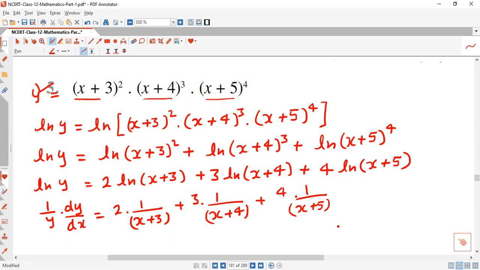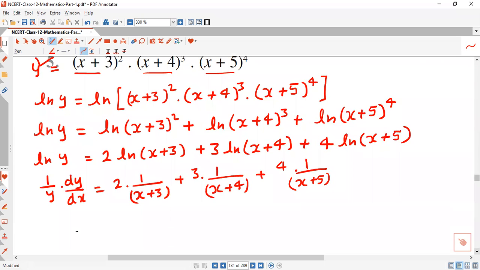Now if we simplify this, I take the value of y to the right hand side. Can we give it a simpler form? Yes, let's see.